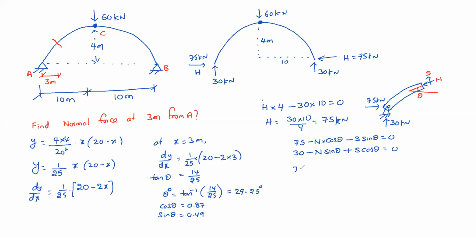That is 75 minus N into cos theta 0.87 minus S into sin theta 0.49 equal to 0. Similarly, 30 minus N into sin theta 0.49 plus S into cos theta 0.87. Tell me what is N, what is S? What is N? Normal force.